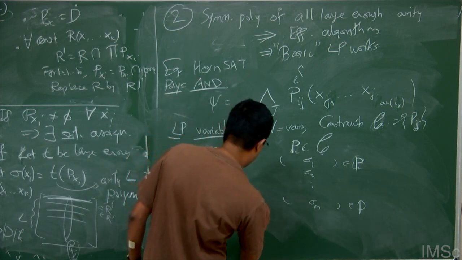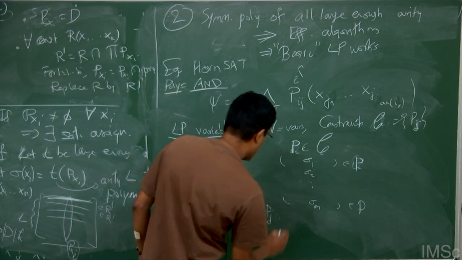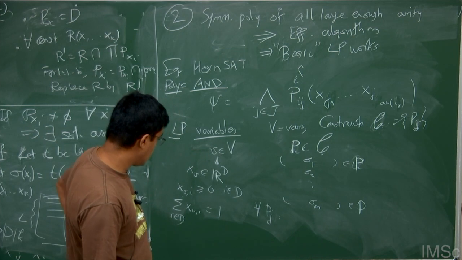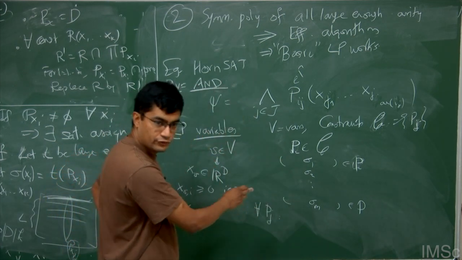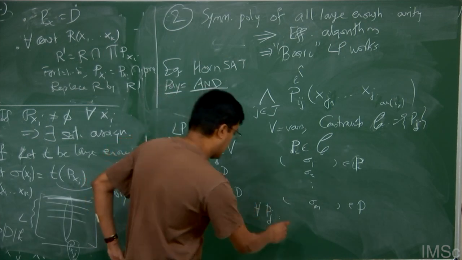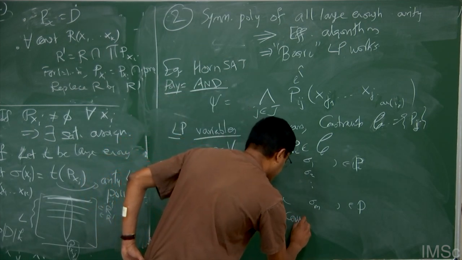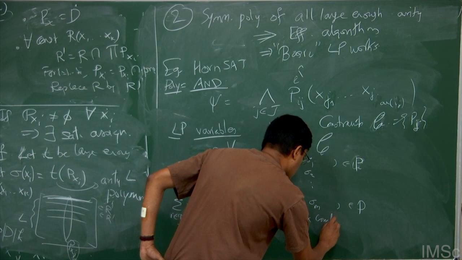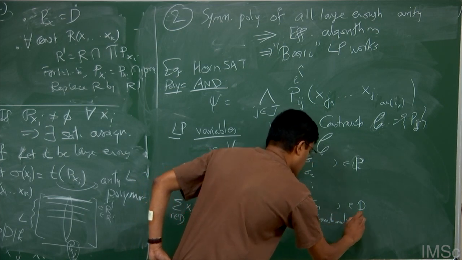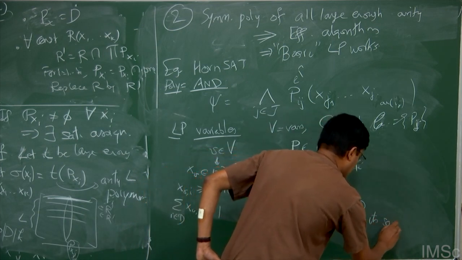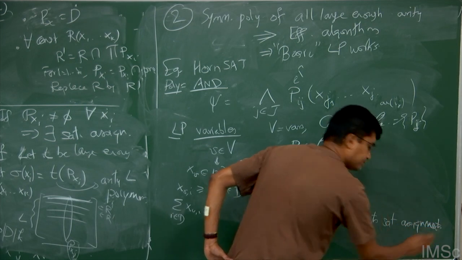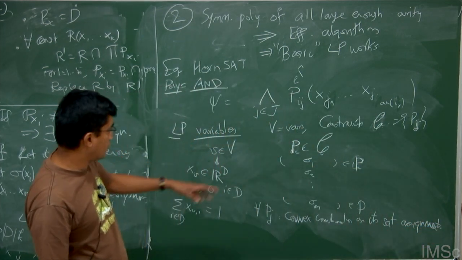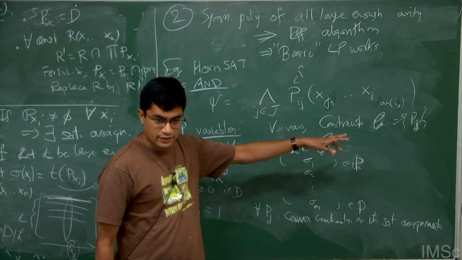Okay, so for all P_j, you can have a convex combination on its satisfying assignments, for each one of these constraints which you have there.